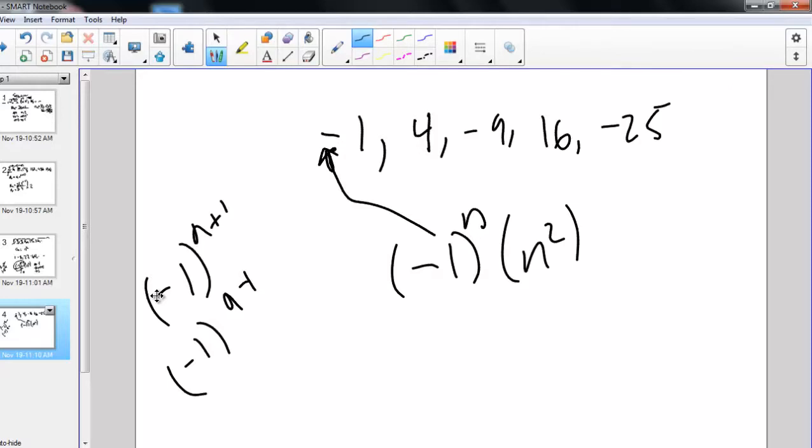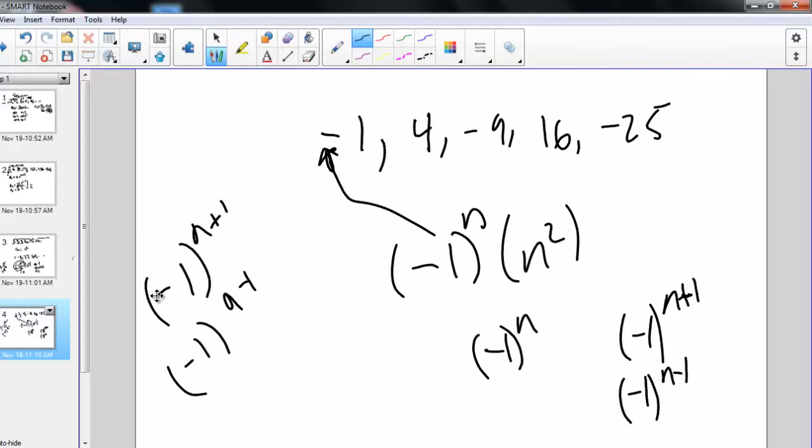So when n is 1, this is negative. When n is 2, this is positive. When n is 3, this is negative. When n is 4, it's positive. So it does matter whether it's negative 1 to the n or negative 1 to the n plus 1. That matters. What doesn't matter is whether you do negative 1 to the n minus 1 or n plus 1. Those two do not matter.